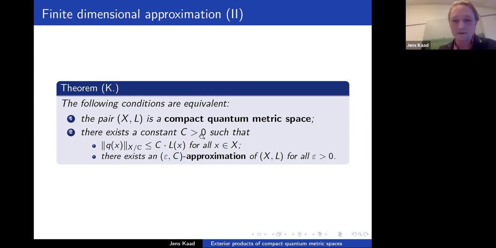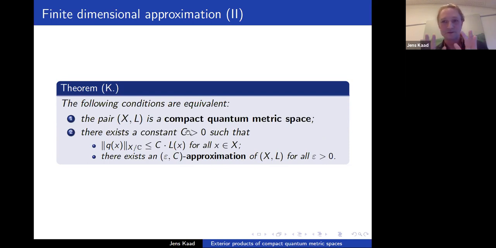The second condition is the new one. It says that I can find an epsilon comma C finite dimensional approximation of my operator system and Lipschitz seminorm. I can do that for all epsilon strictly greater than 0. So it's important here that the C is not allowed to depend on the epsilon.